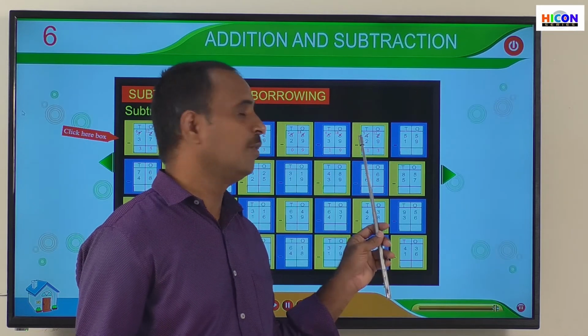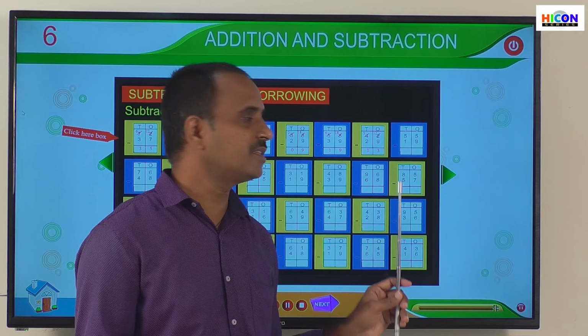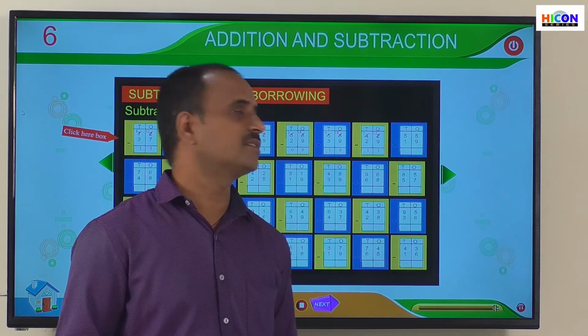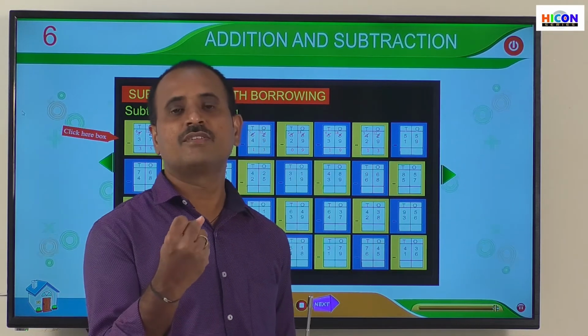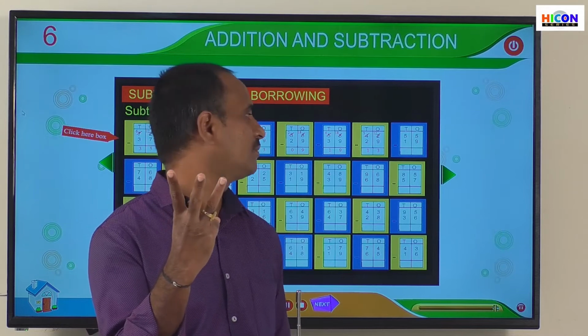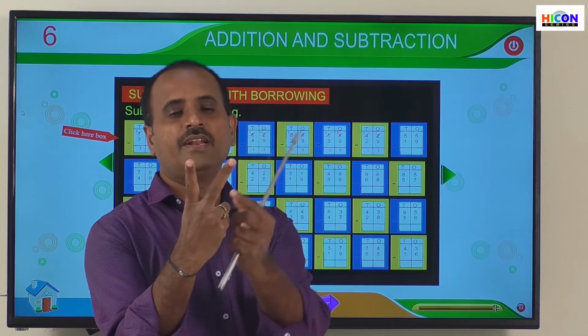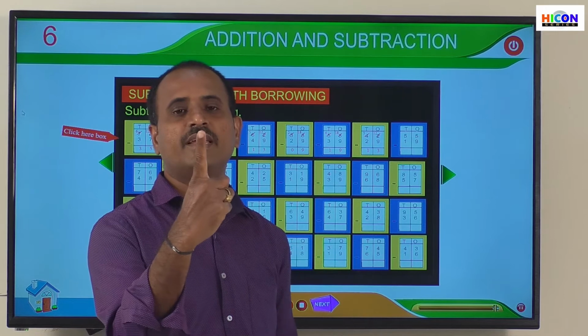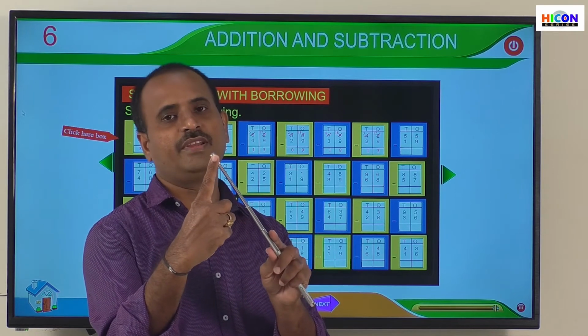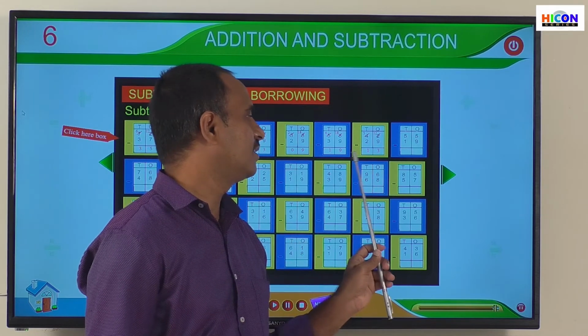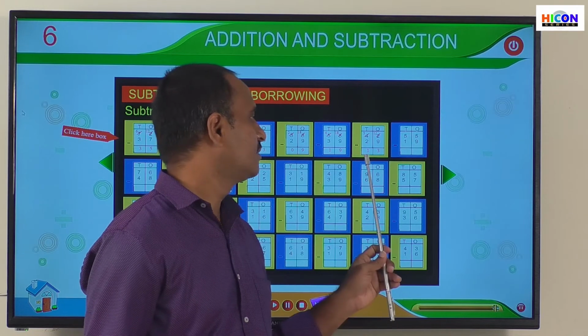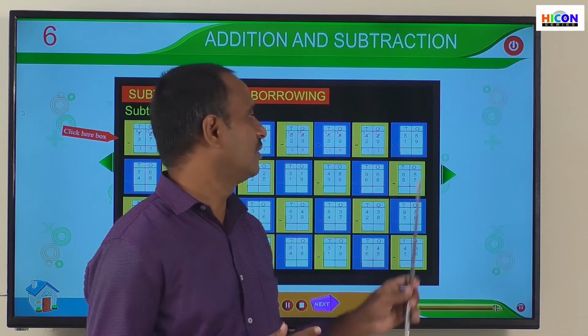That means open 3 fingers, close 2 fingers, and the remaining fingers will be the answer. So open 3 fingers, 1, 2 and 3, and close 2 fingers, 1 and 2. How many fingers are there? There is 1 finger remaining. So write 1 under the tens place. The answer is 13. So go to the next problem.